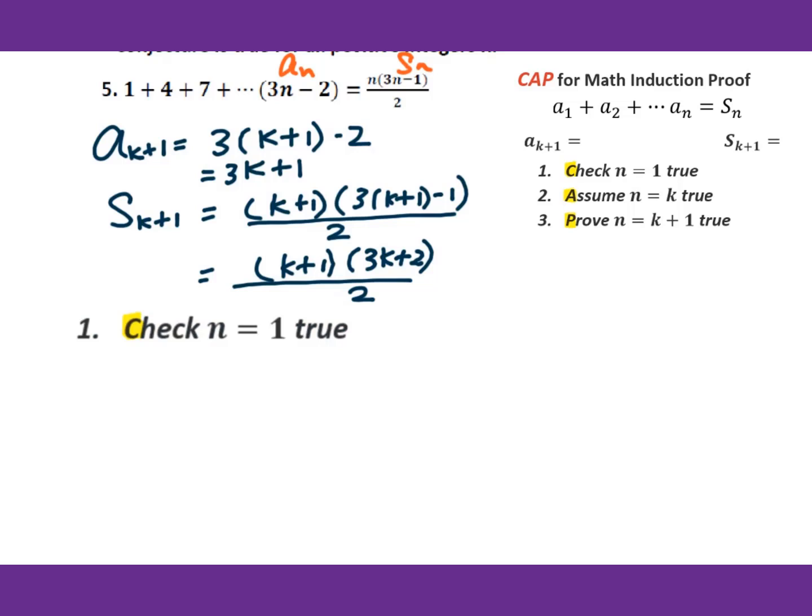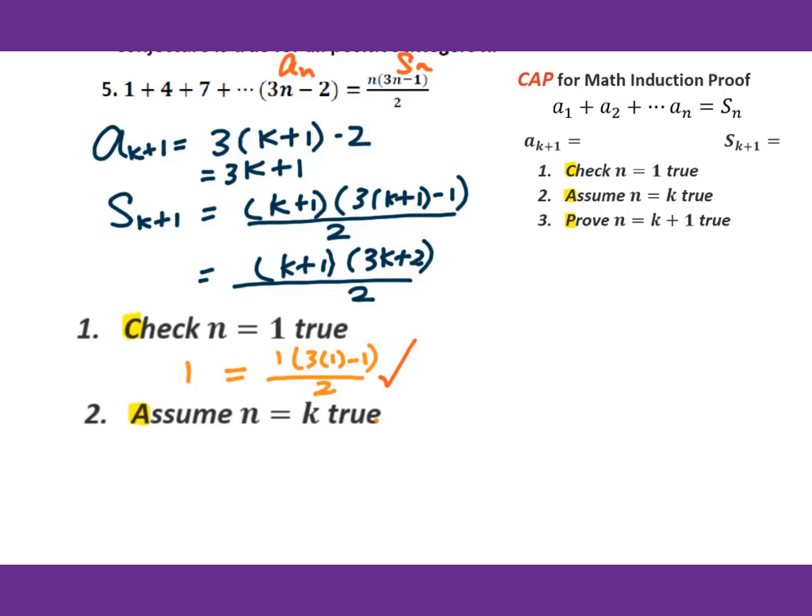So first step, check n equals 1 true. On the left side, we have 1 equals 1 times 3 times 1 minus 1 over 2. This is true.